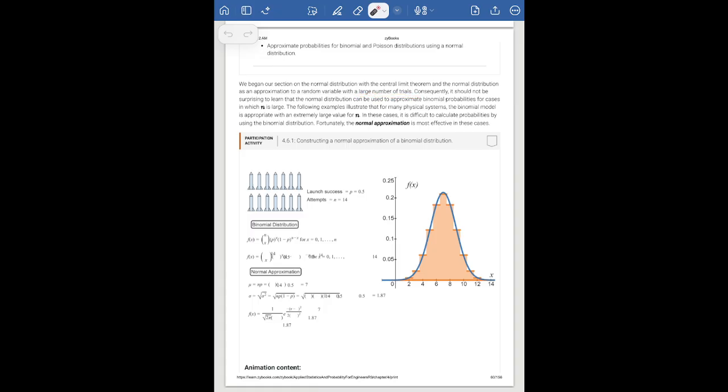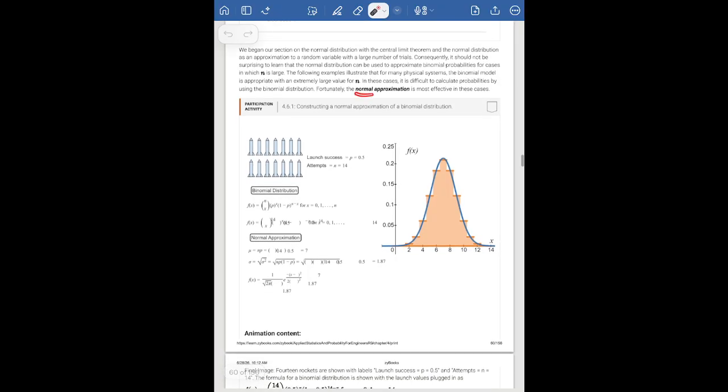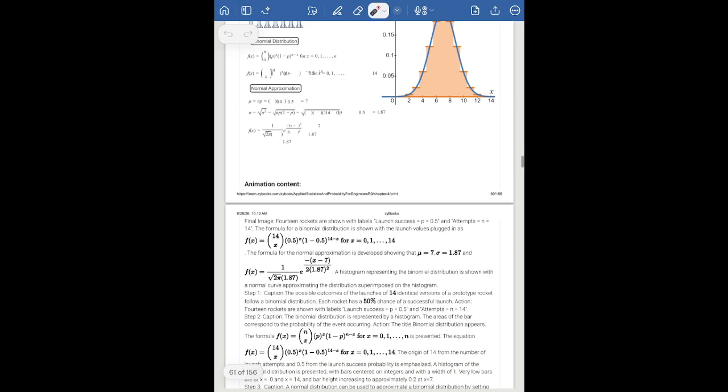So we have a normal distribution. It's almost like a superpower. It gives us the ability to approximate other distributions. Well, these two in particular.